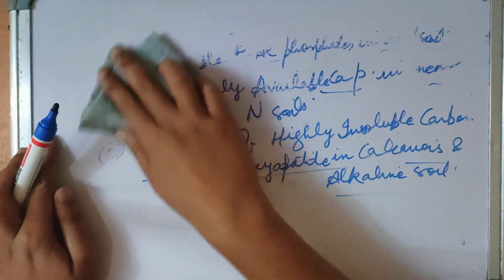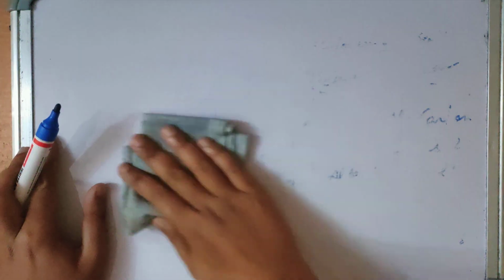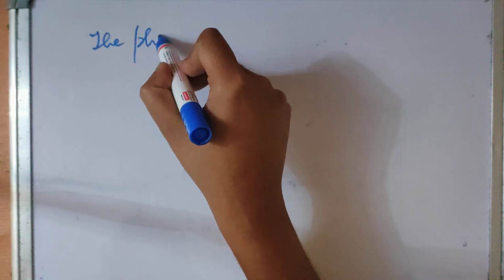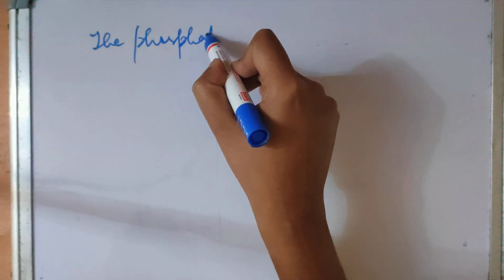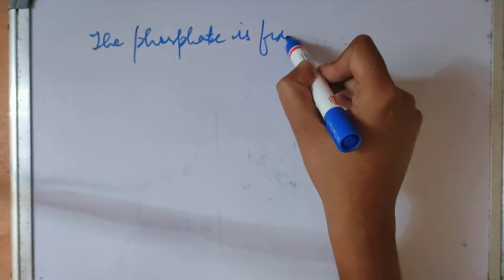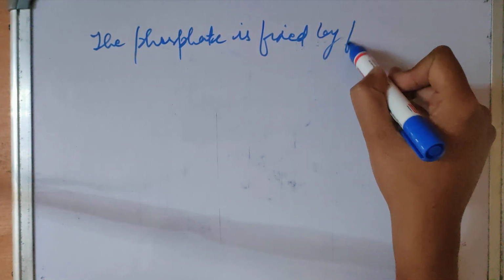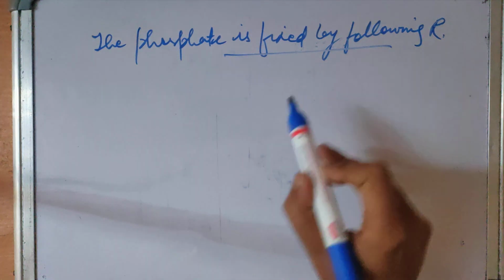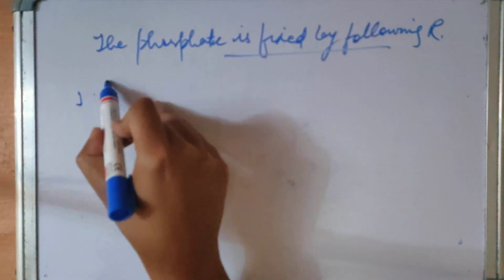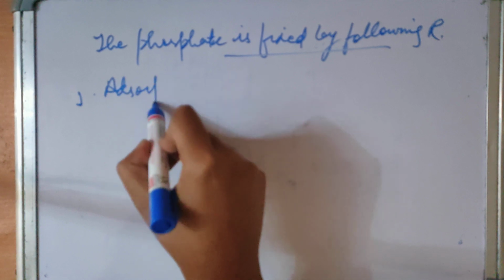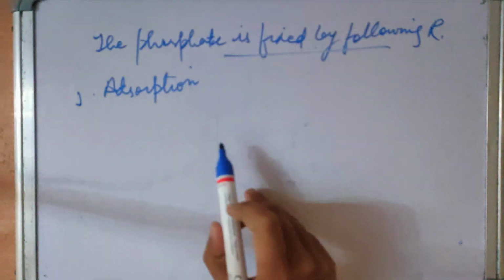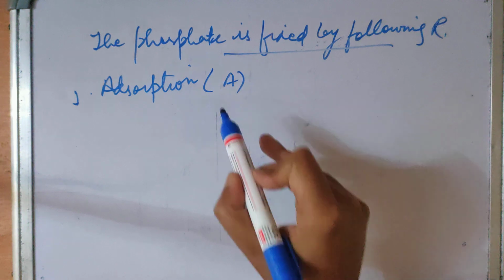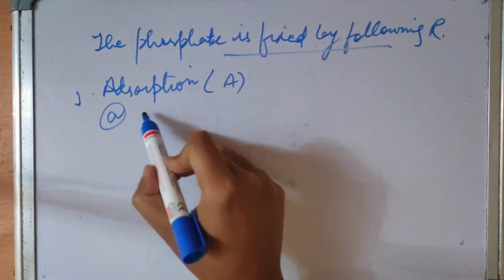But what kind of reactions take place during phosphate fixation? The phosphate is fixed by the following reactions. Number one is adsorption. I hope you all have read it in class 11th, 12th chemistry. Adsorption also consists of two types.